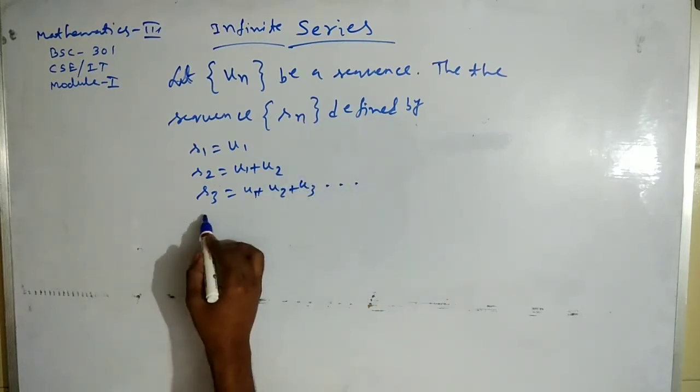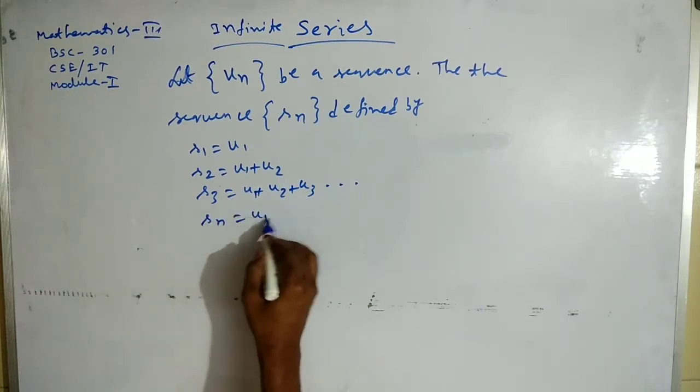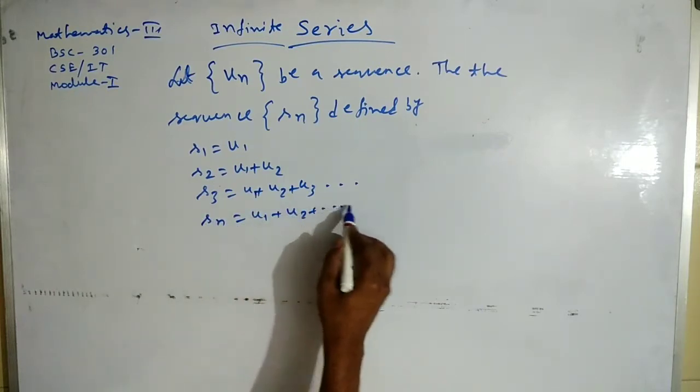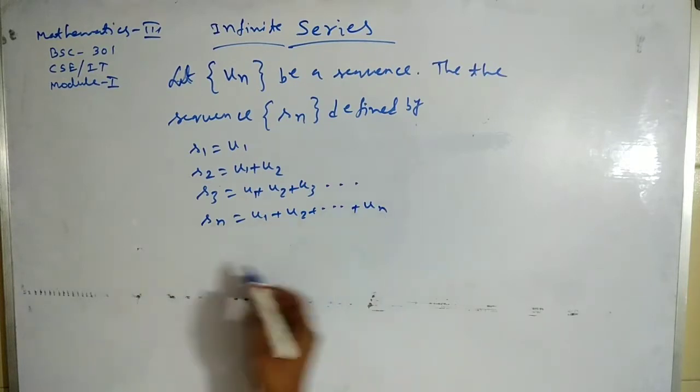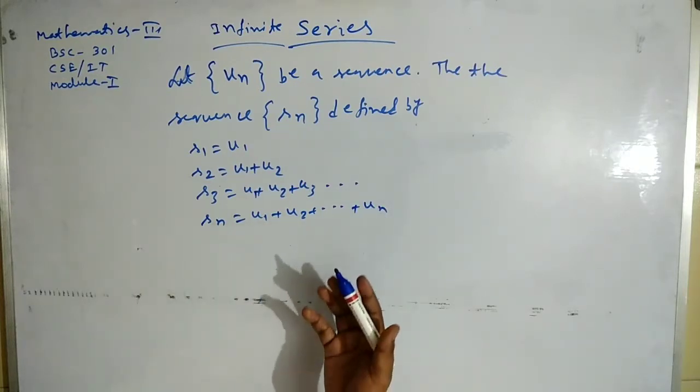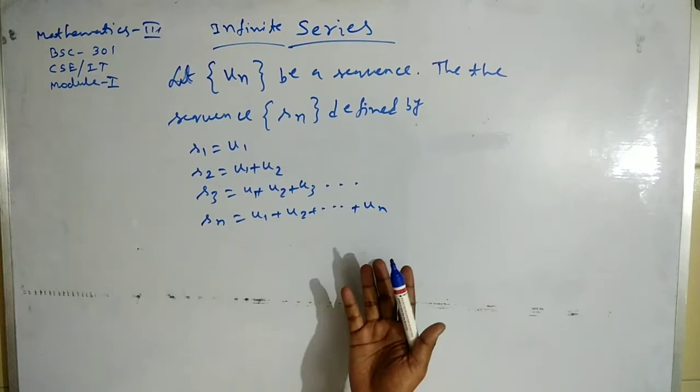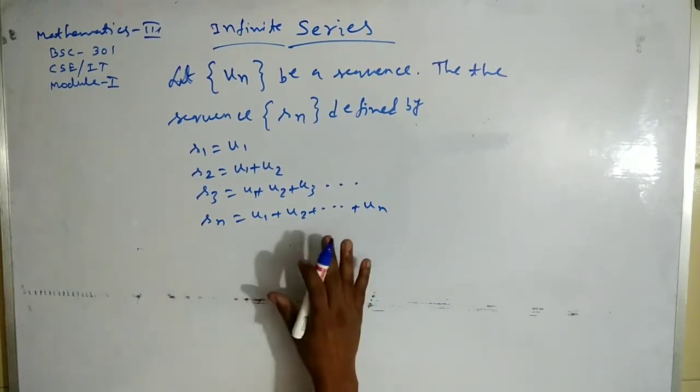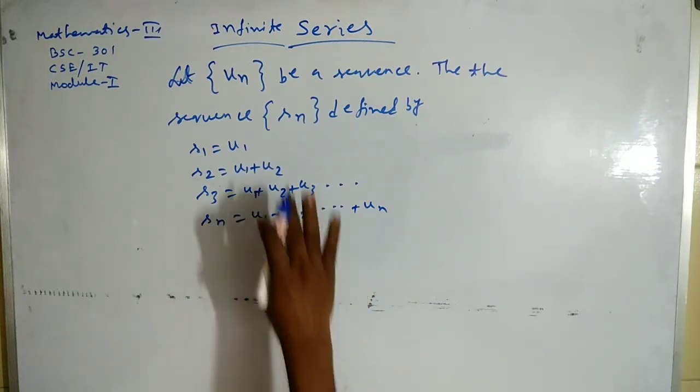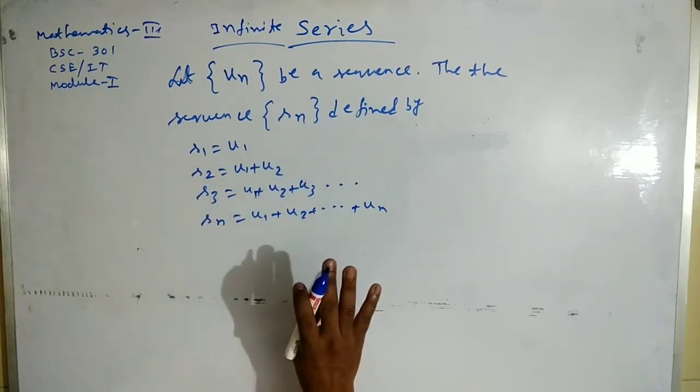Sn equal to U1 plus U2 plus up to Un. This is the nth term. Okay, so like this, if we continue, this is the definition of the sequence Sn.